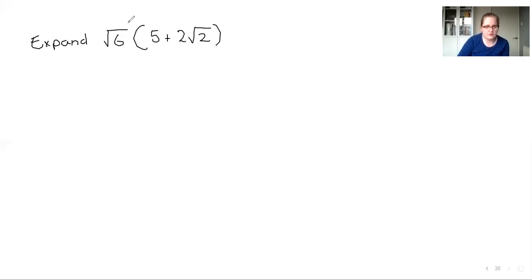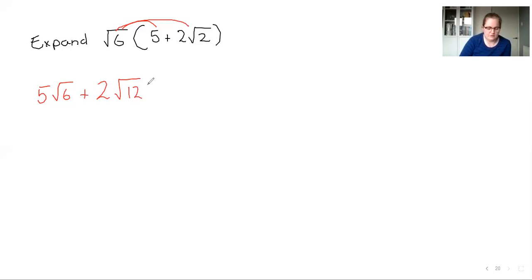So to start off, we're going to do root 6 multiplied by root 5, which will give us root 30. Then we're going to do root 6 multiplied by 2 root 2. The integer, nothing happens to that because we have no whole number here, so we're just going to have 2 again, but we've got root 6 multiplied by root 2, which would give us root 12.